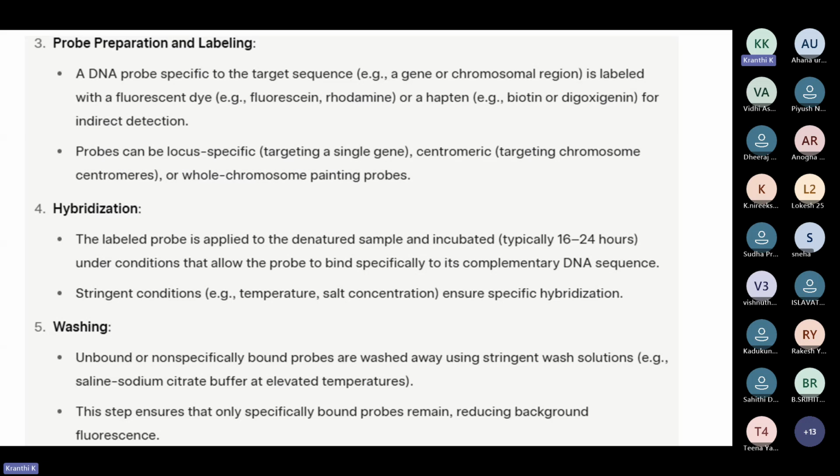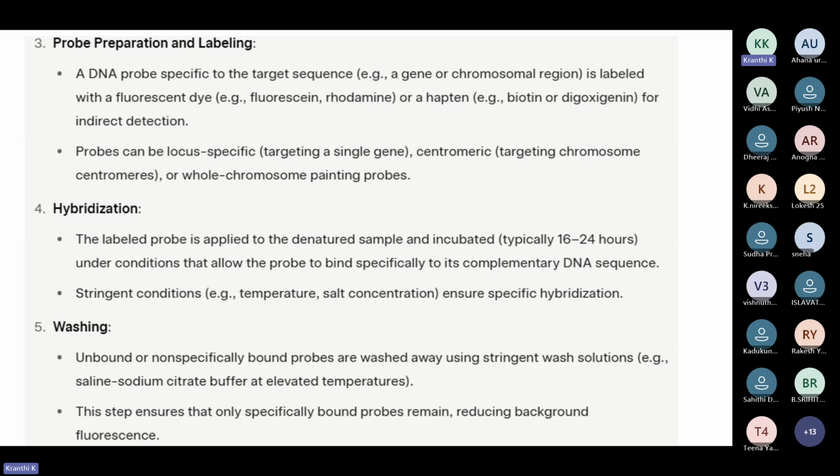It's not a small probe, right? It's some thousands of base pair probe you are adding. So this will completely complement the entire chromosome, so that it will paint the entire chromosome. Painting means it hybridizes, right? Hybridizing means it already has a fluorescent dye, right? So that is the reason it is completely painting a chromosome.